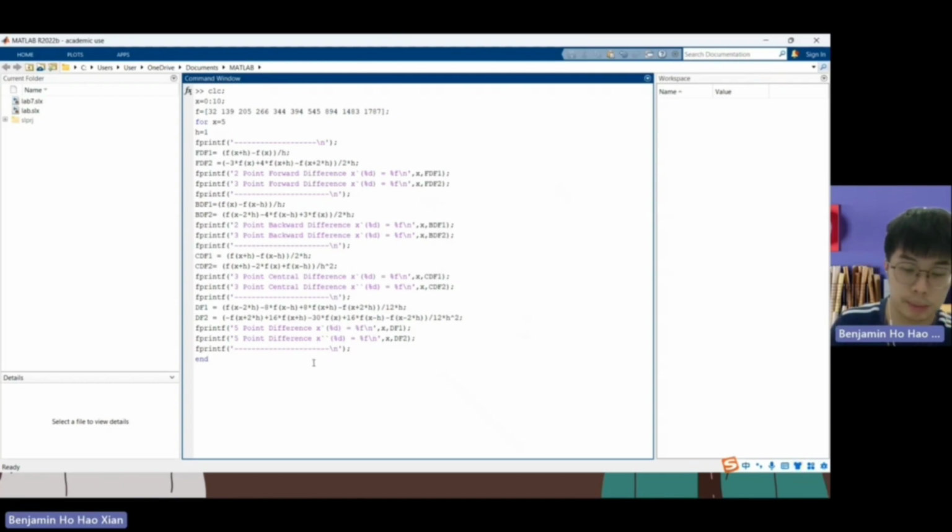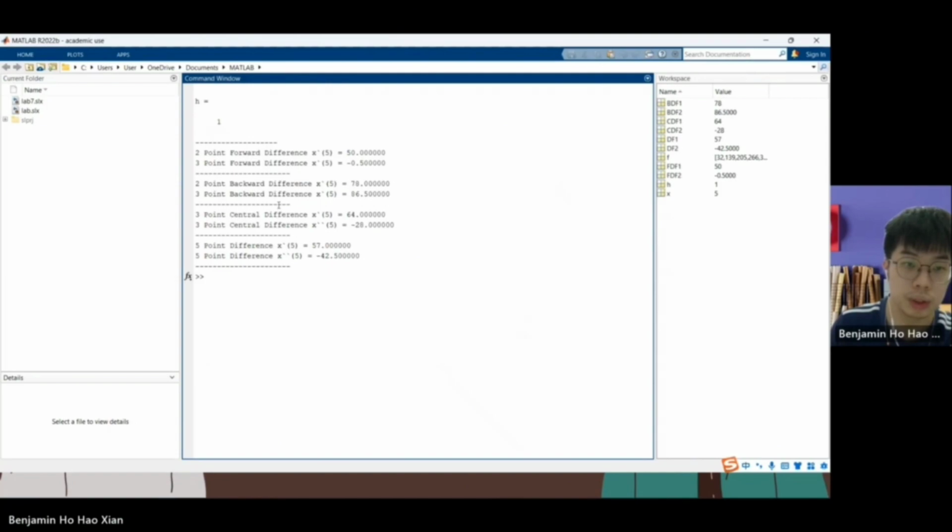So now we enter. We can show the data is the same as our manual value.